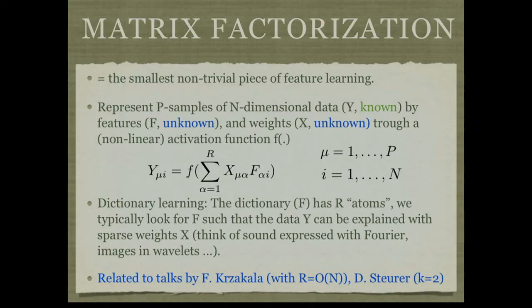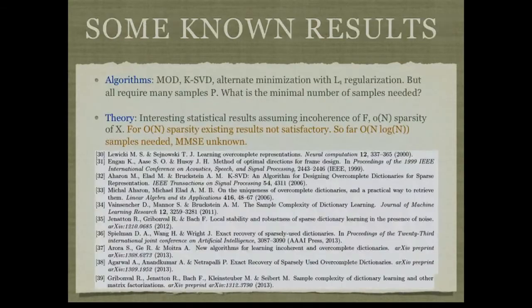And it's also related to the talk by David Steurer, who talked about tensor factorizations. If I had X here and X transpose, and if I added a third one here, that would be exactly the case about which David worked. So this is just the matrix version of that.